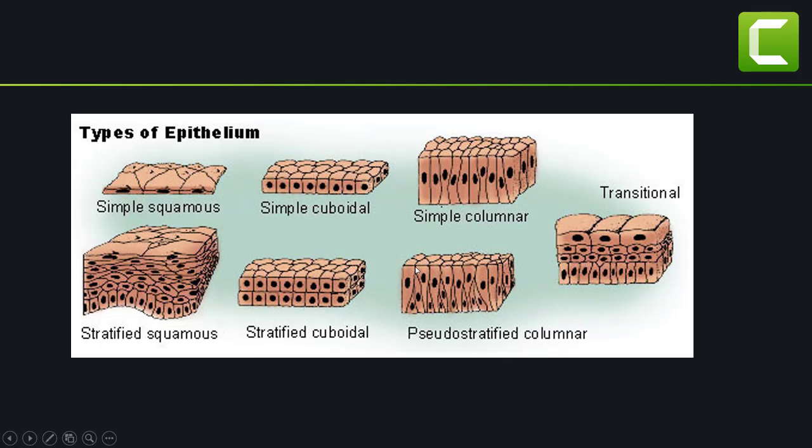This is modified when it has cilia, like in the respiratory system from the nasal cavity to the trachea. The trachea also has cilia in this epithelium for removing dust and moving the mucus.